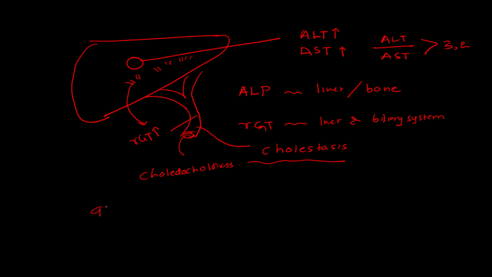But what of alcoholism? Alcohol will have an implication on the biliary canaliculi within the liver, which will lead to a sort of cholestasis that can increase gamma GT levels.